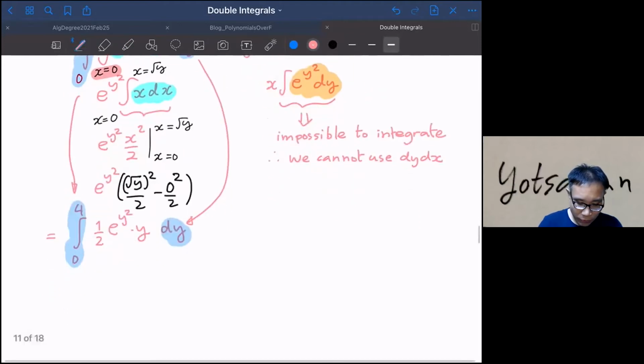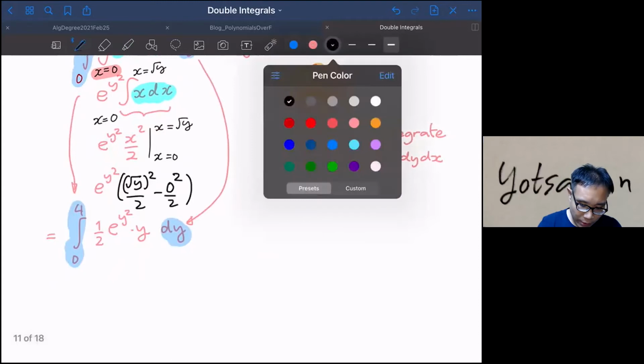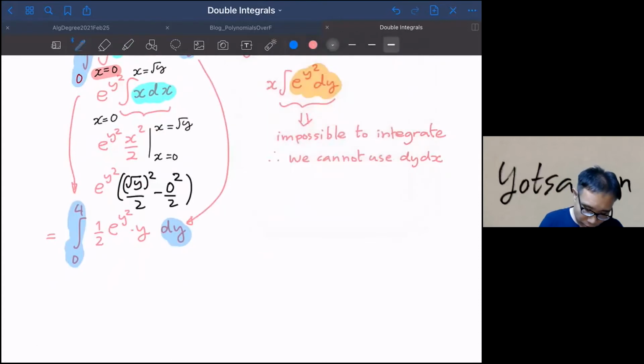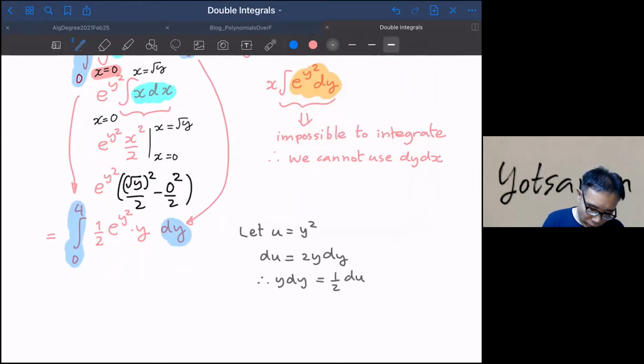Now you may just apply integration by substitution. Let u equal y squared, so du equals 2y dy, and y dy is 1/2 du.